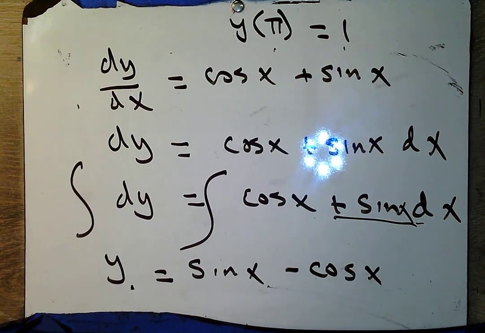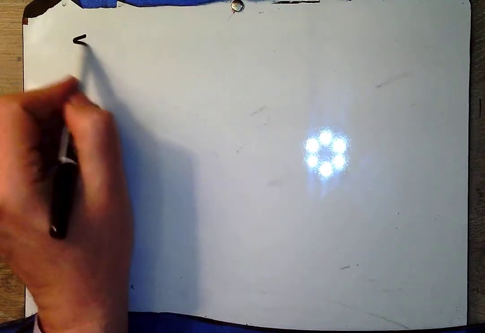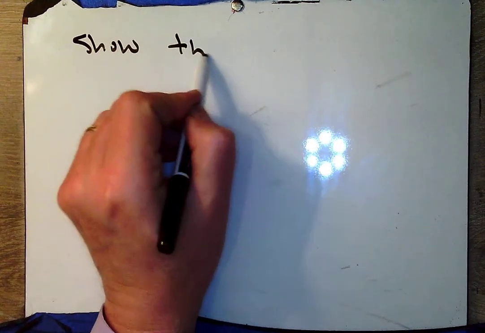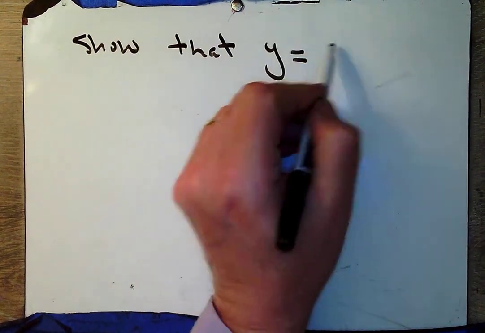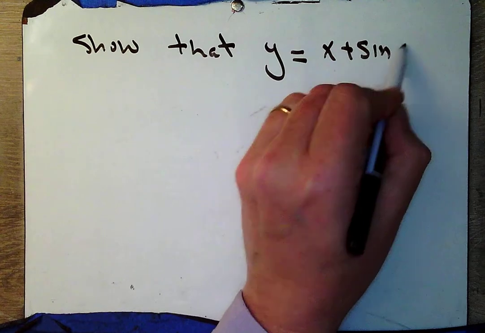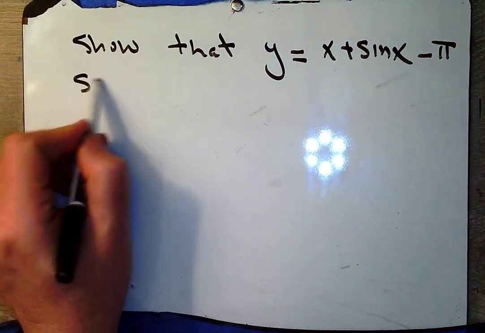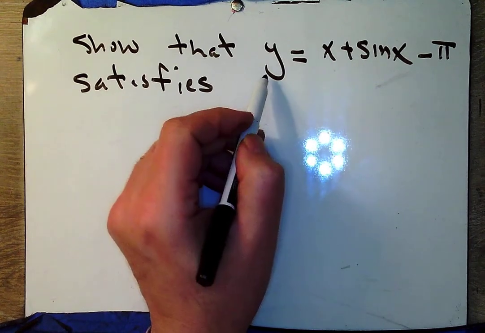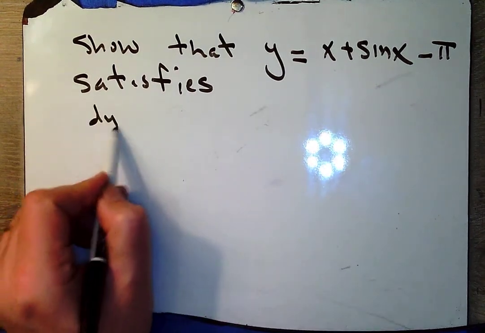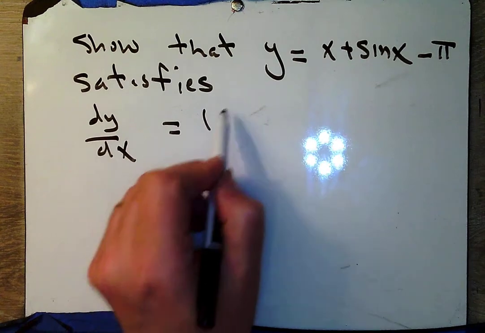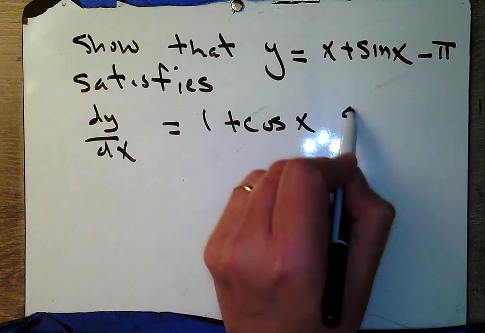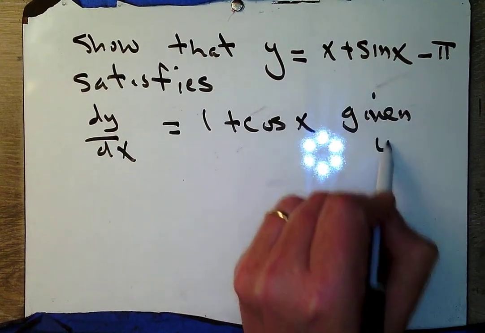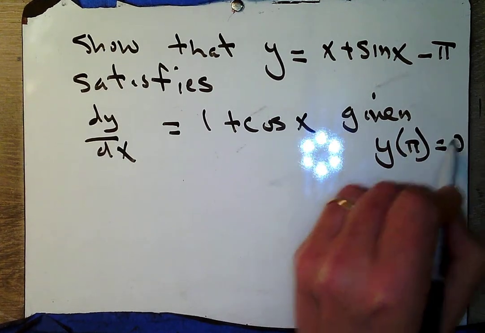Okay. Sometimes College Board wants to ask the same question, but they say show that y equals x plus sine x minus pi satisfies the differential equation dy dx equals 1 plus cosine x, given that y of pi equals 0.